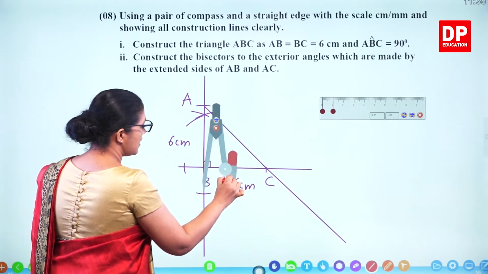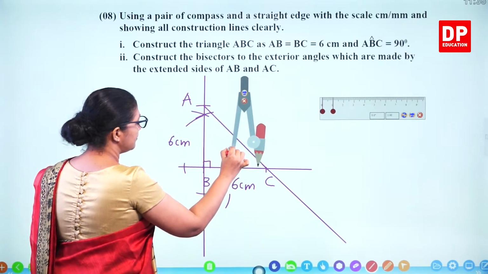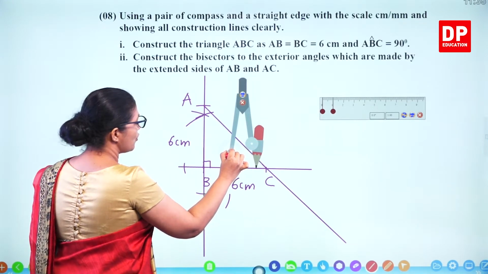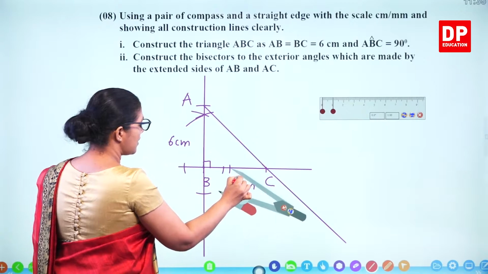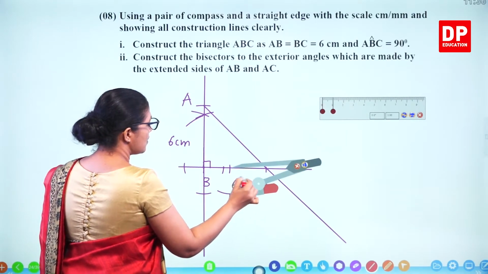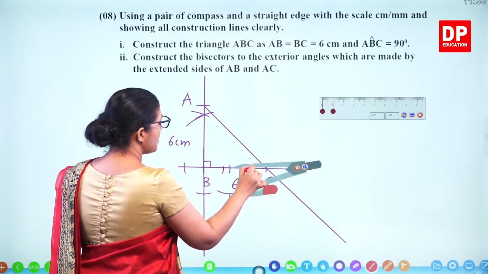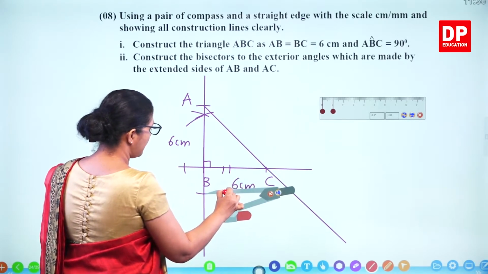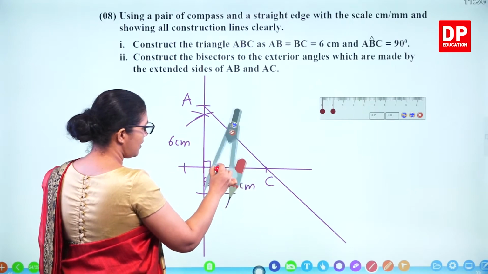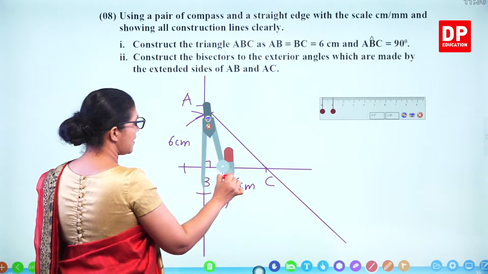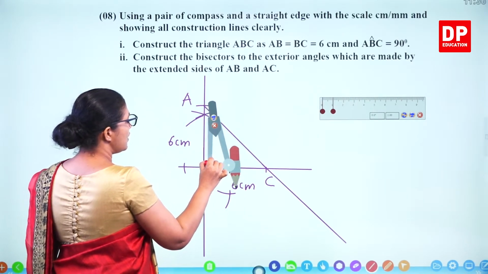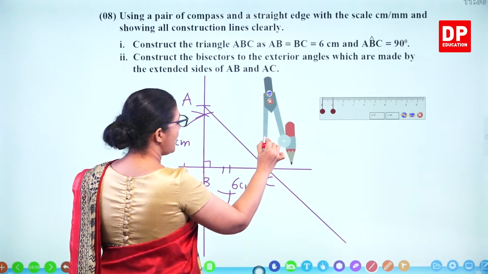So that's the bisector. Keep on top of this point and mark the other point. So this is the bisector. So if you can't see it, you can draw it again. Here slightly we have to extend this line. Now we can see.